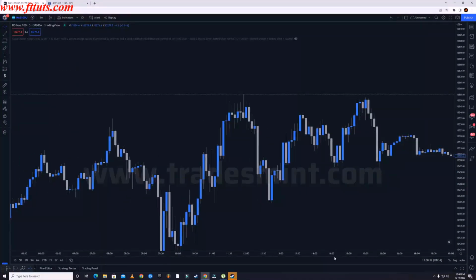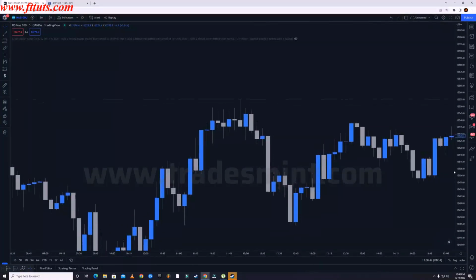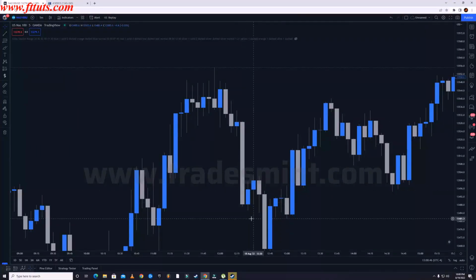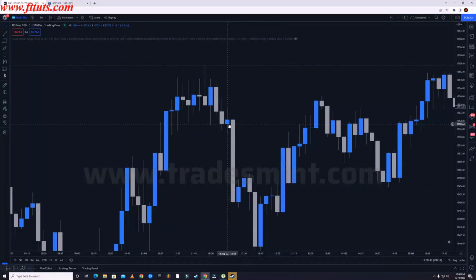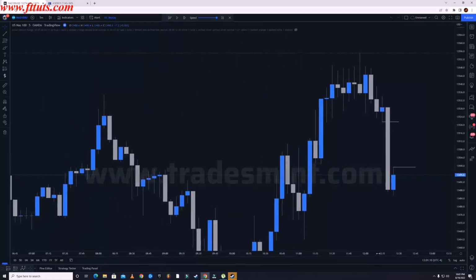All right, so let me give you some examples. As you can see, let me zoom in a bit. You can see 1, 2, 3 candles, right? So we're looking at three candles. We got one candle right here, the second candle right here, and the third candle right around here. And in between these three candles, we got fair value gap. Let me go to the replay mode so it's clear for you guys.